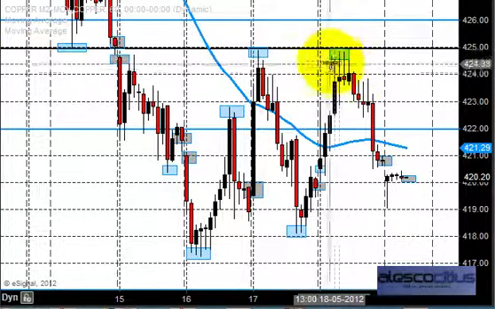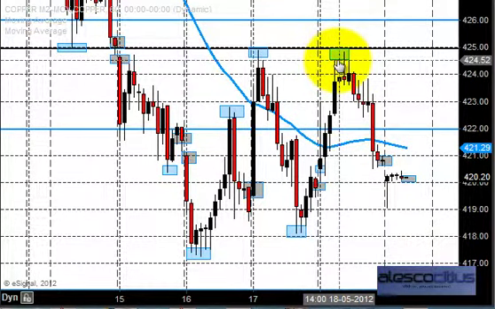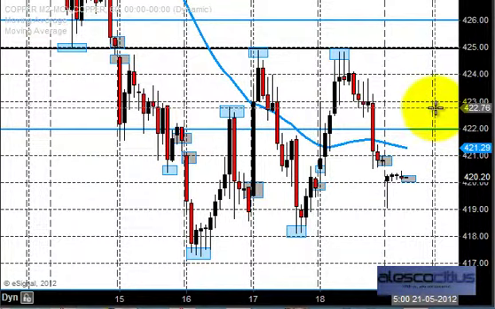This 425 is the high which is going to be constant, and today we can expect the market to open more or less around 422 to 423.